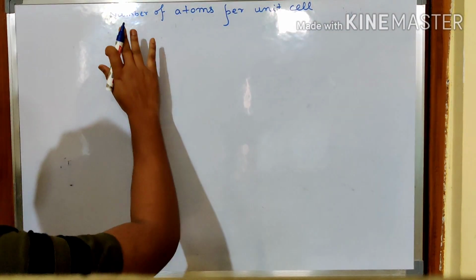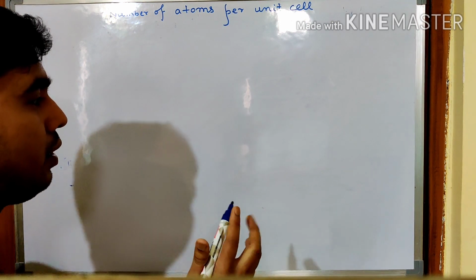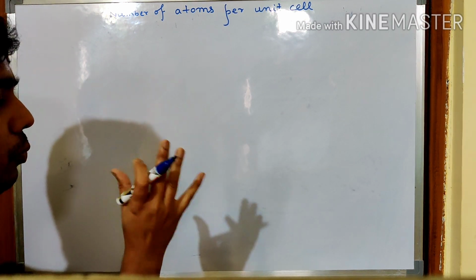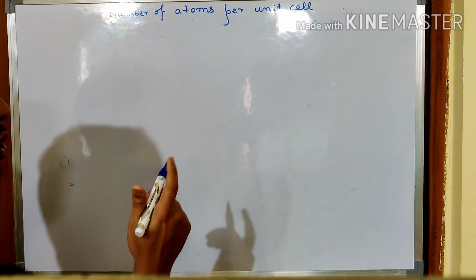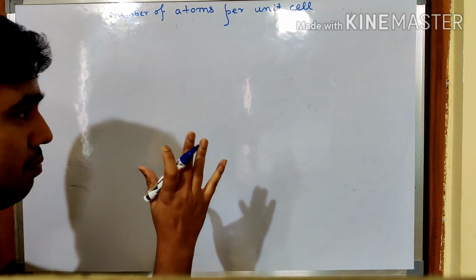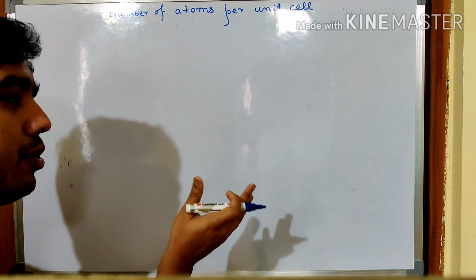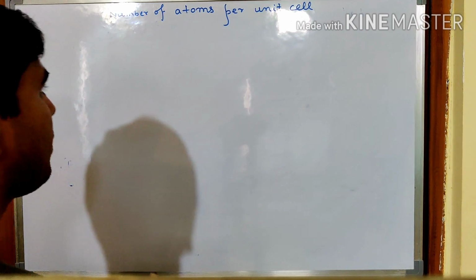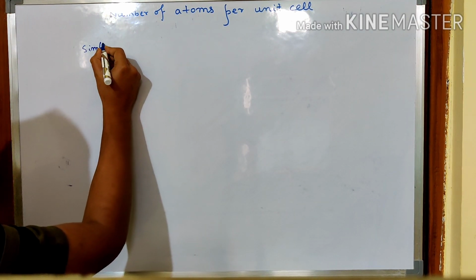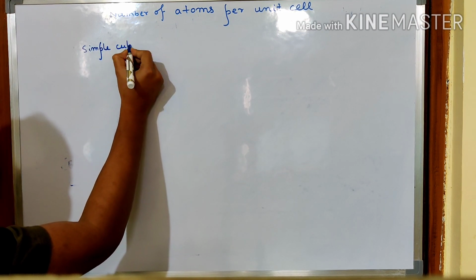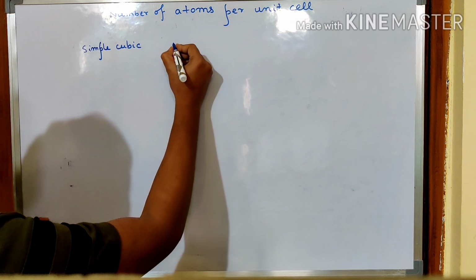So now let us calculate the actual number of atoms per unit cell. So already we have understood that in a cubic unit cell or in a BCC or in a FCC, there are different types of atoms like corner atoms, face centered atoms, body centered atoms. What will be their contribution in a particular unit cell? Now suppose for a simple cubic unit cell, it will look like this.